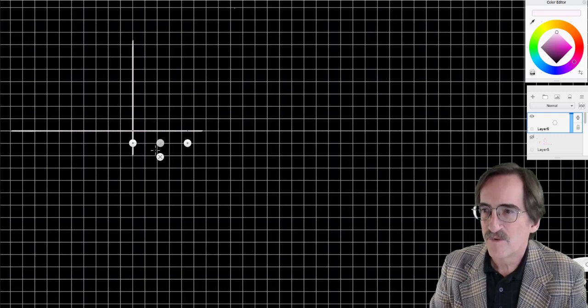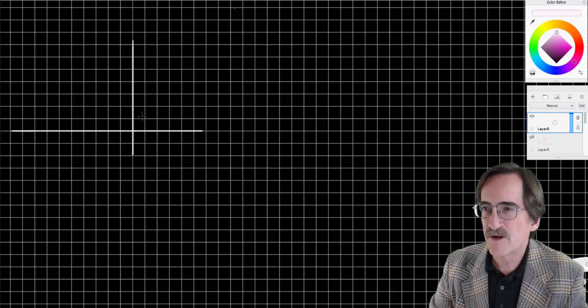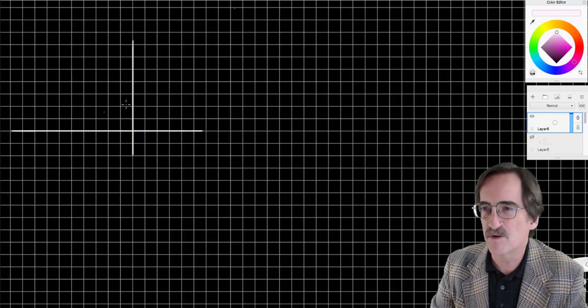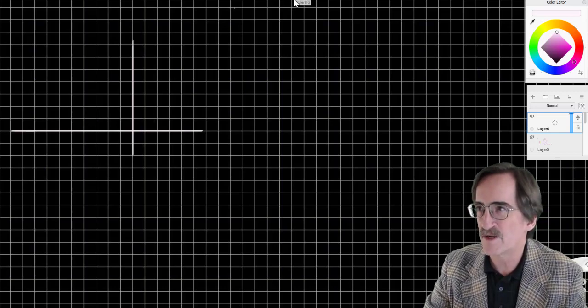But in this case, we're not going to rotate about the y-axis. We're going to rotate about a vertical line somewhere other than the y-axis.